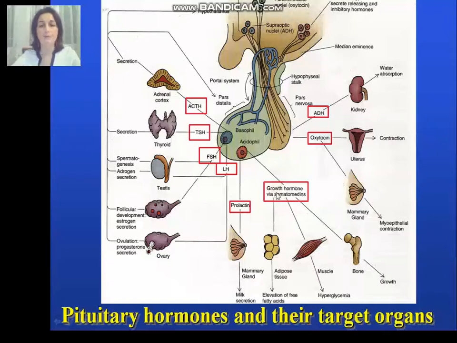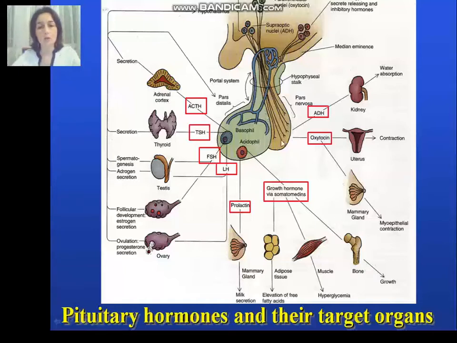Also, the growth hormone will stimulate production of growth factors in the liver, which will stimulate growth, elongation of the long bones. It will stimulate the epiphyseal plate of the long bones to stimulate growth.